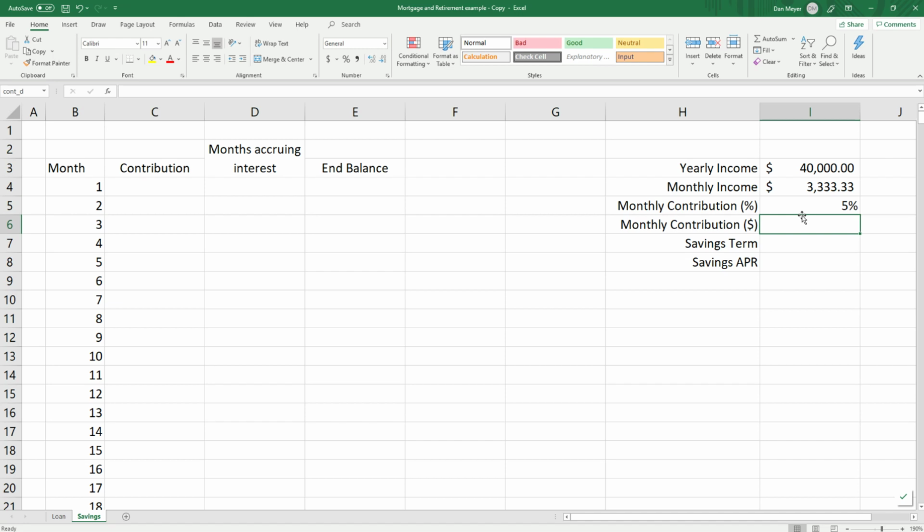If we want to figure out our monthly contribution to our retirement savings, we can take 5% of this $3,333, and we'll round it, or have Excel store it as a rounded number. So we're going to be putting a little bit more than $166, or just shy of $167, into our savings account.